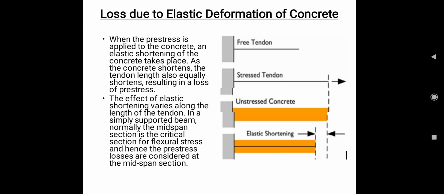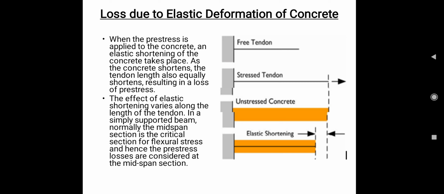So when this is done, the cable or tendon is already in tension, so the tendon will try to regain its original shape and size, so that stresses are developed on both the ends of the concrete. So the stresses are developed on this end as well as this end.